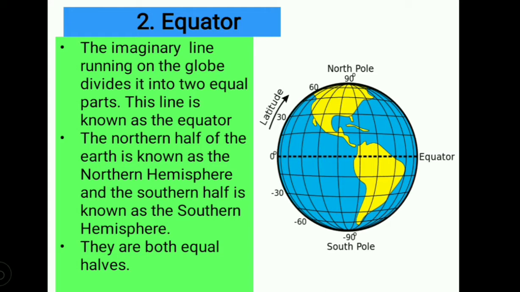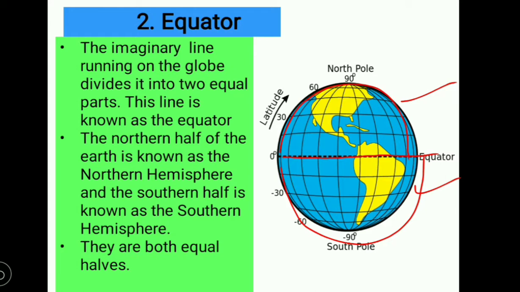The imaginary line running on the globe divides it into two equal parts. So this is the imaginary line. This imaginary line is called the equator. It starts from 0 degree. So the 0 degree imaginary line is called the equator. The 0 degree imaginary line divides our earth into two equal parts.